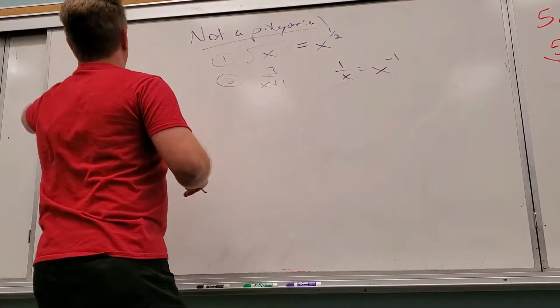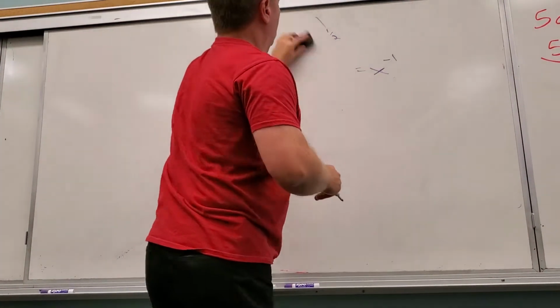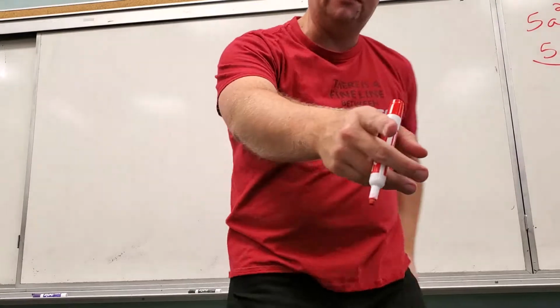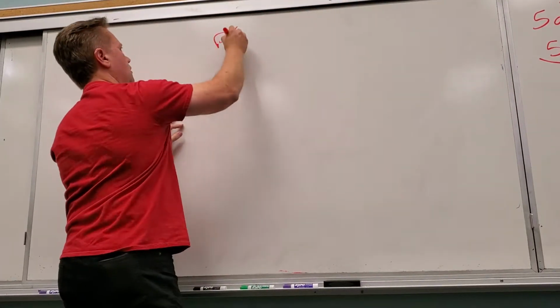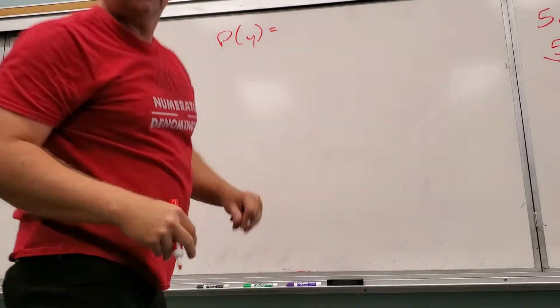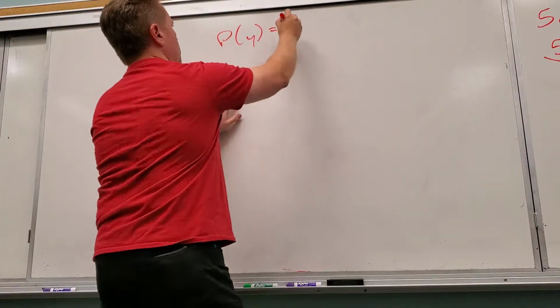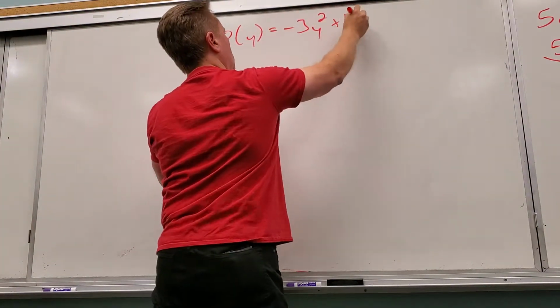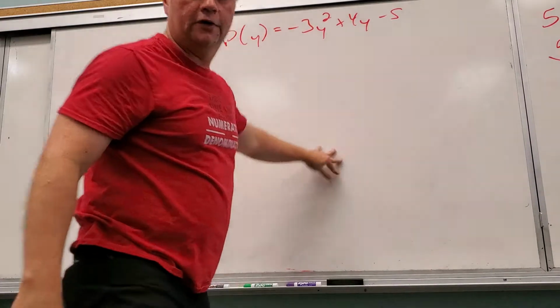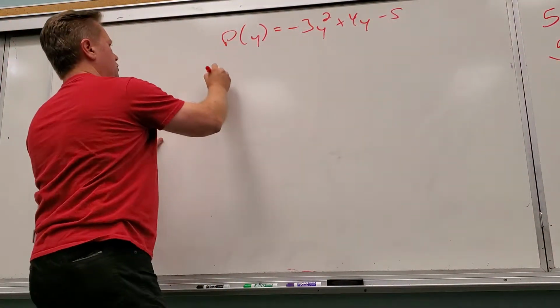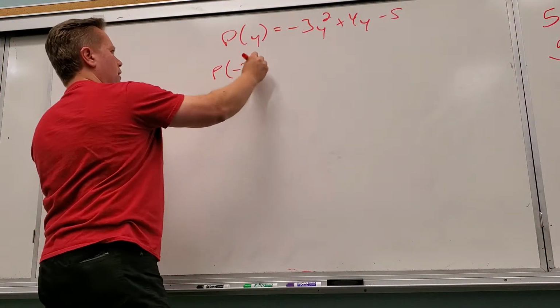Now, let's do the second problem. Let's do this one. P of y equals -3y squared. This is the next level stuff here. Let's just do this one. What's P of -2? How would I do that?